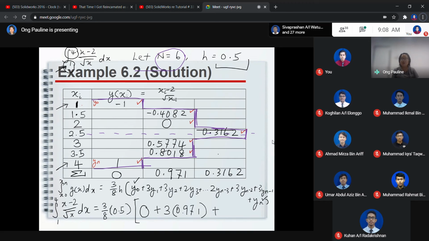Dan kolom ketiga merupakan hasil tambah nilai y yang perlu kita darabkan dia dengan 2. So you have a 2 multiplied to 0.3162. Okay, so you try guna calculator, kira nilai di sini. First column, we need to multiply with 1 for the summation. Second column, you multiply by 3. And the third column, you multiply by 2. All right.